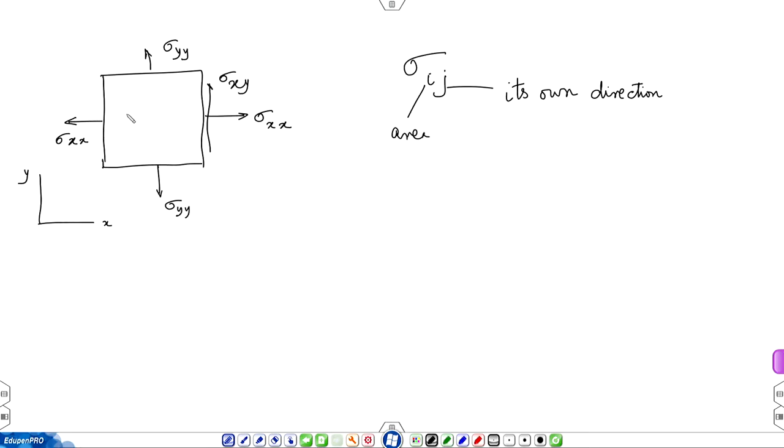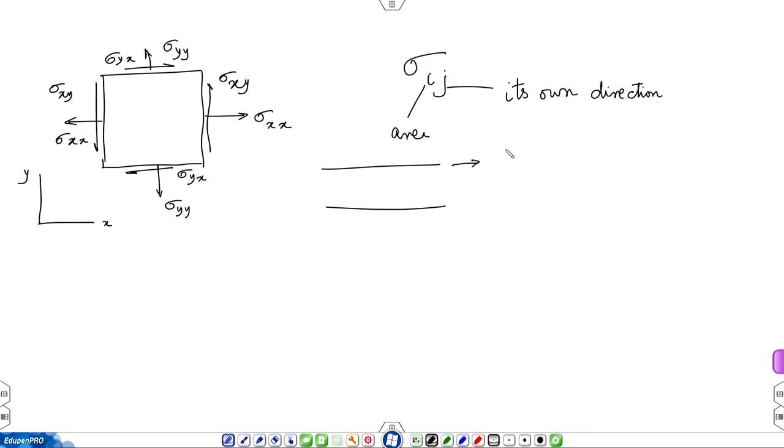So this is sigma xy, this is sigma yx, y face x direction. Sigma yx.